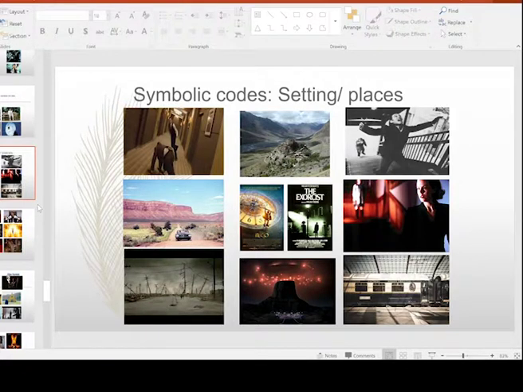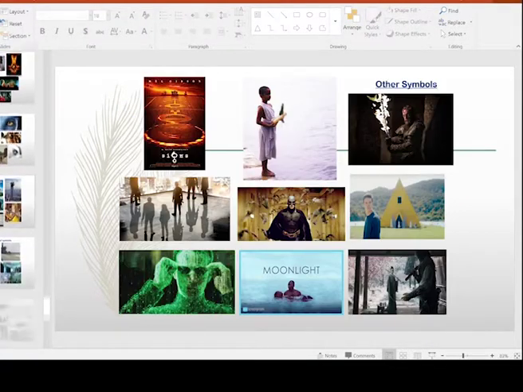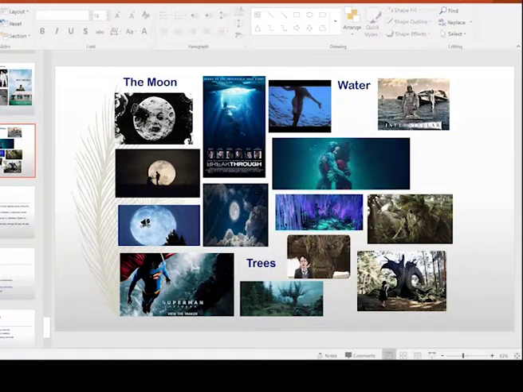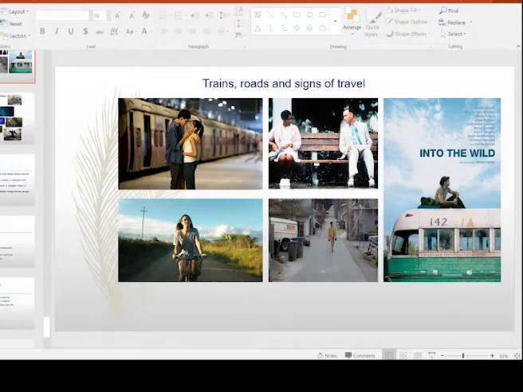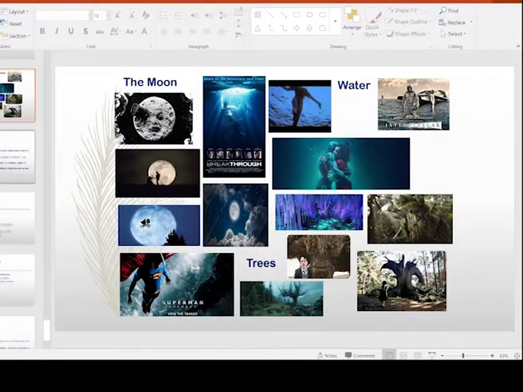Stairways, there's always stairways, symbolic of going somewhere. Trains, symbolic of journeys again. Roads, clocks, symbolic of time. So think about the symbols that are in your films or docos and how they can relate to the symbols in Exit West.